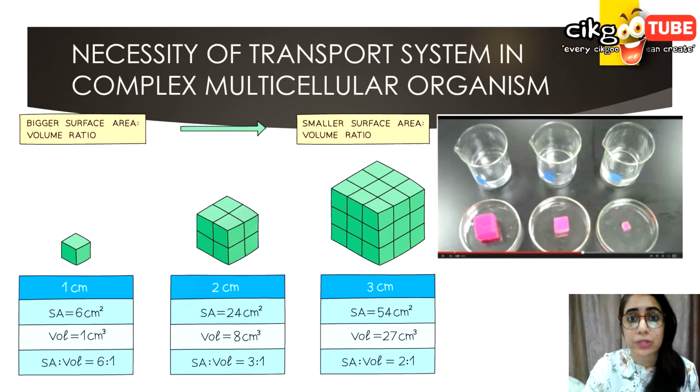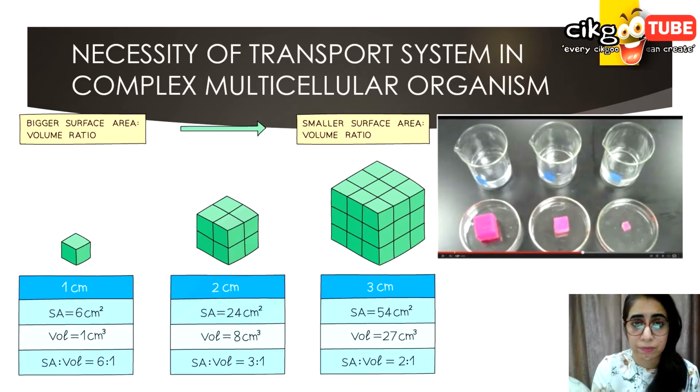First, you prepare the agar with phenolphthalein, and then you cut the agar into 3 different sizes as shown in the picture. You can see the pink agar. Then you add them in a petri dish with sodium hydroxide solution.